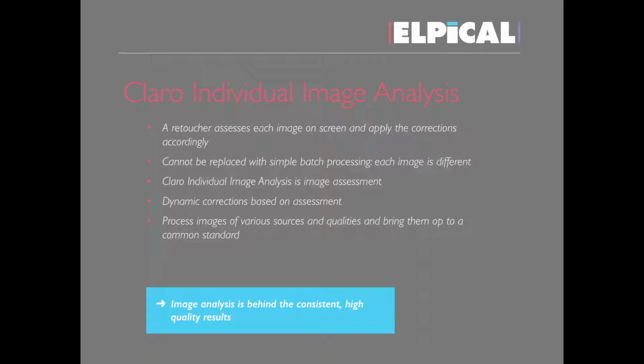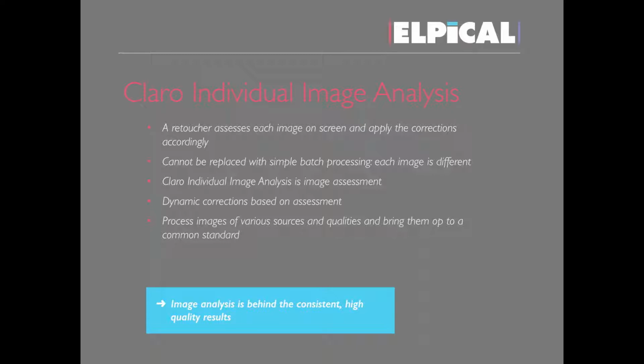This is also what makes Claro very different from any type of regular batch processing. This is a question that we often get from customers that discover Claro: in Photoshop I have the possibility to do batch processing, and I'm able to be more productive and to automate some of the tasks that I would be doing from an image retouching point of view.